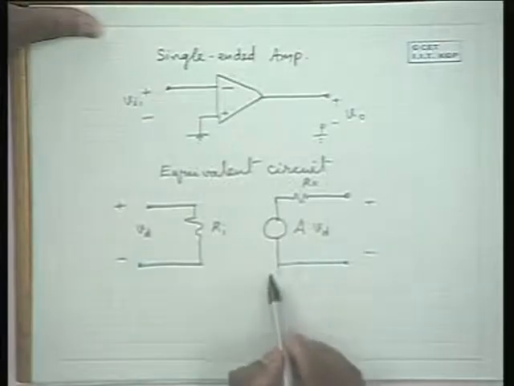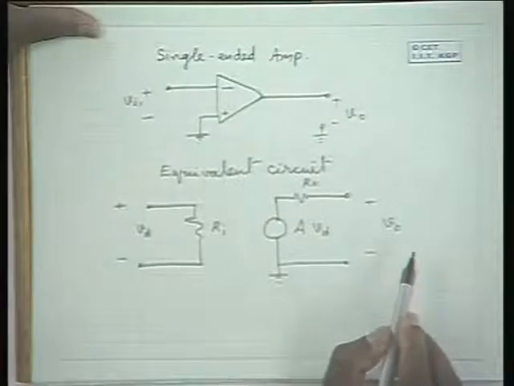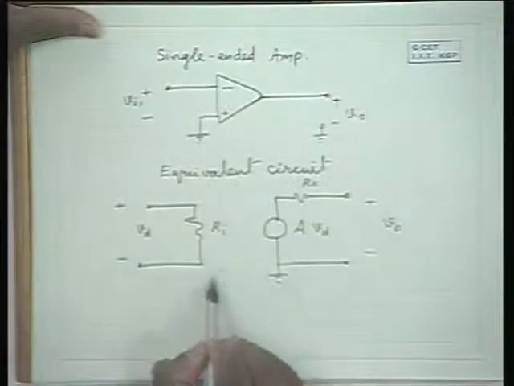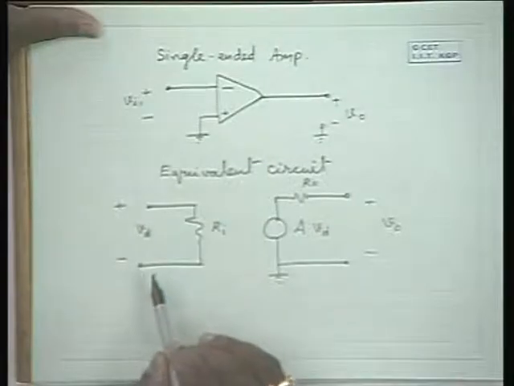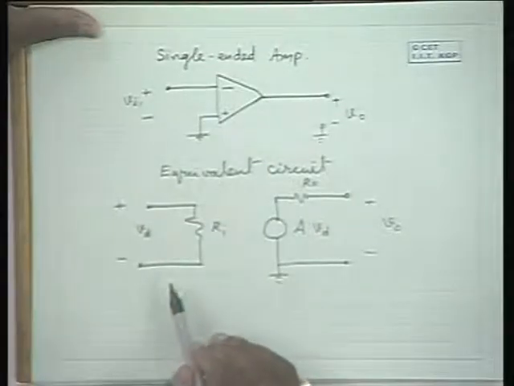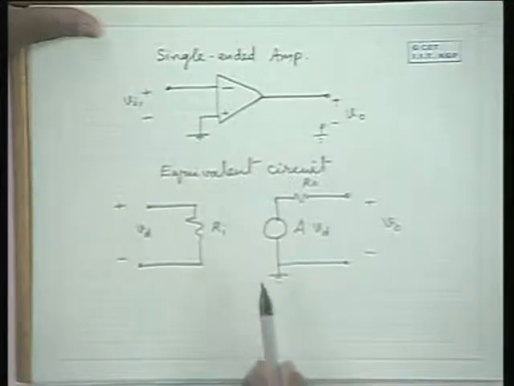So, like this. Please note that none of these terminals are connected to the ground, they are isolated unless you force one of the terminals to be grounded through an external connection. So, this is the equivalent circuit of an operational amplifier.